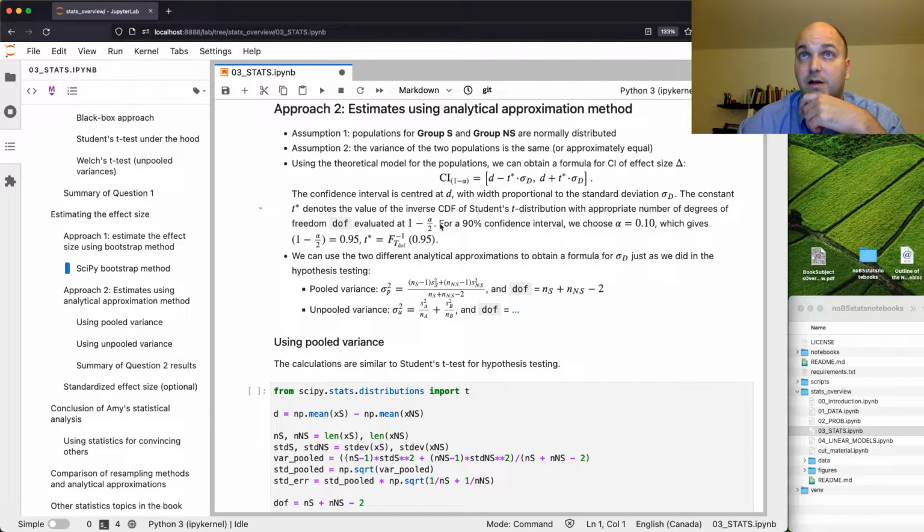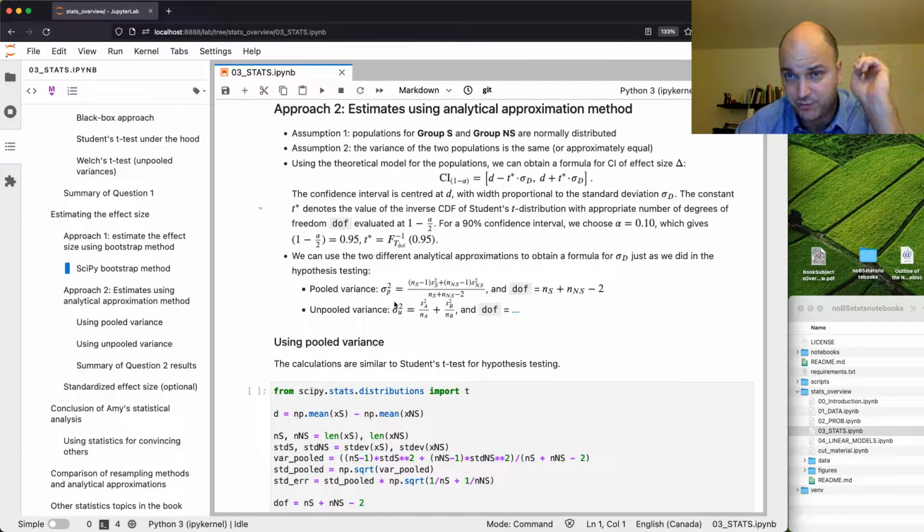If I wanted a 90% confidence interval, you're using the inverse of the t-distribution to get a cutoff value, t star, and you say take your estimate minus t star standard deviations, plus t star standard deviations. So using that formula, we can obtain a range for a particular value. So we want 90%, we get a 90% confidence interval.